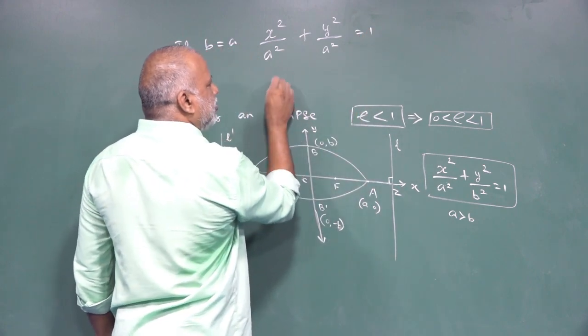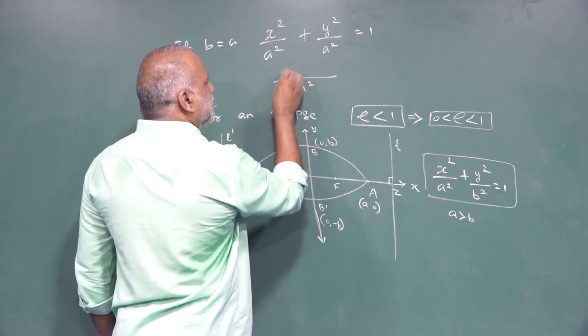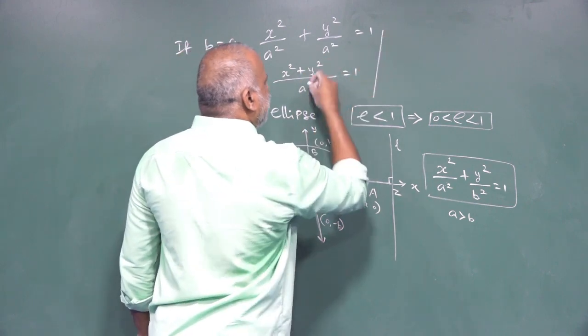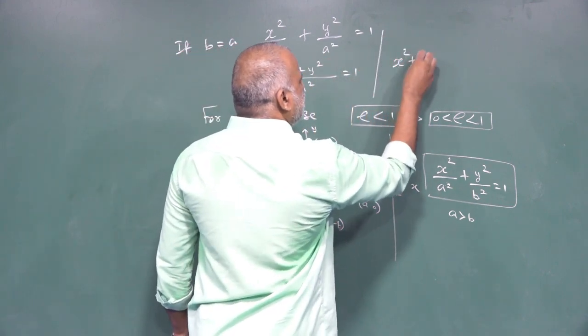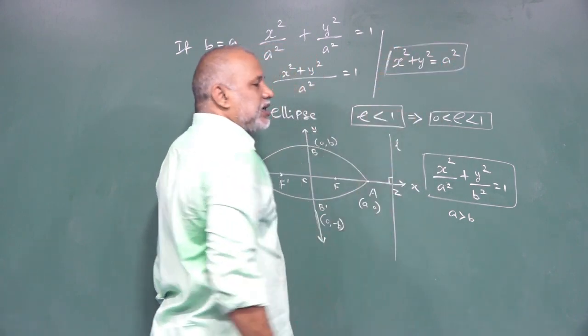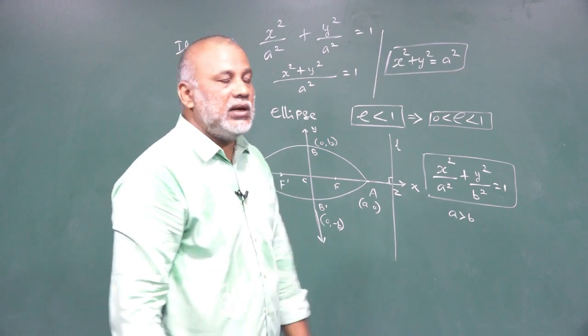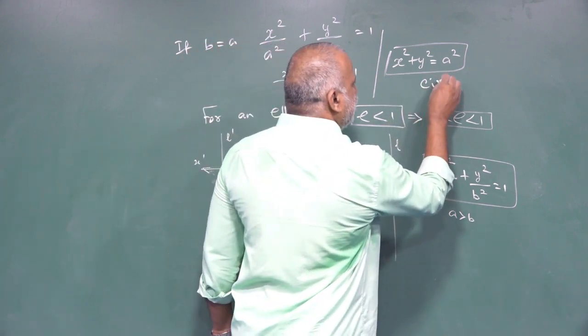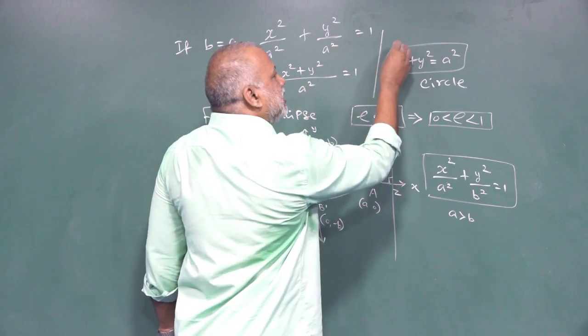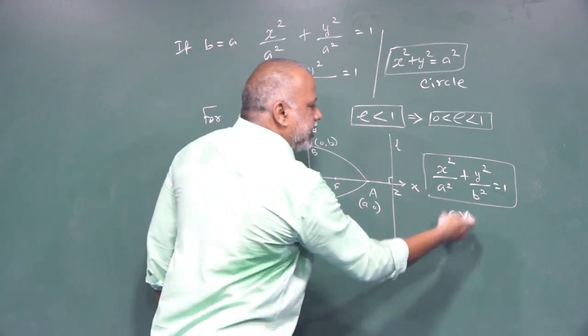Taking a squared as common, x squared plus y squared equal to 1. Cross multiplying, we can write x squared plus y squared equal to a squared. This is the general equation of a circle. Therefore, this ellipse becomes a circle when a and b are equal.